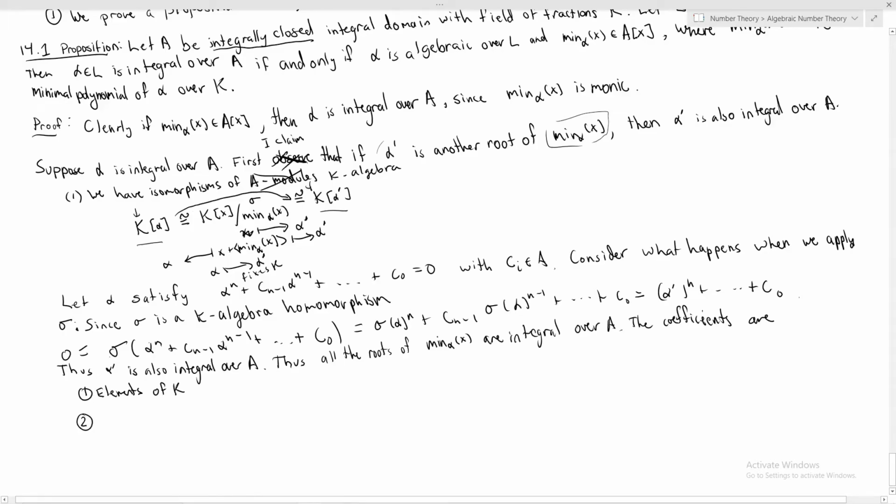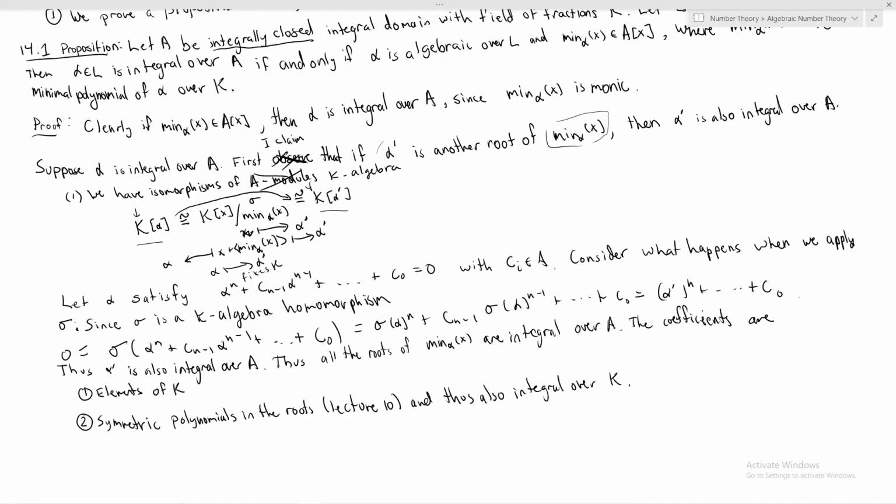Two, the coefficients are symmetric polynomials in the roots. See lecture 10 for this, if this is unfamiliar. And thus also integral. So the coefficients are some multiplication and addition of integral things, and are therefore integral because integral elements form a ring.